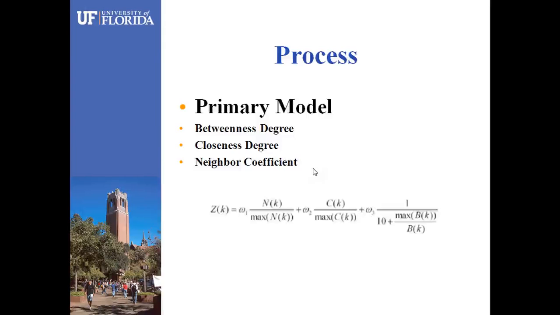And the third parameter is the neighbor coefficient. That's a measure of the node's important parameter intensity through the whole network. Because the closeness degree reflects only the nodes directly connected to the node, but the neighbor coefficient, due to the addition of the indirect nodes, can indicate the intensity of the node in the entire network.